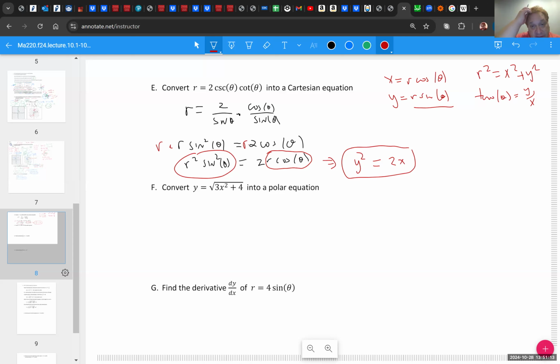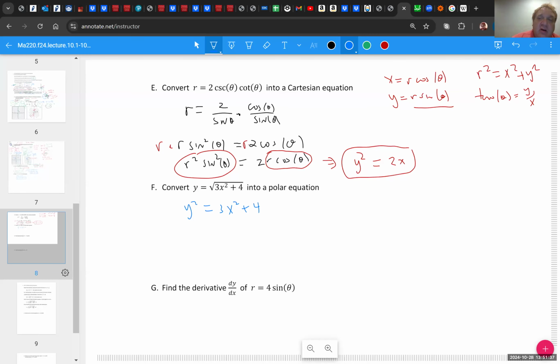Okay, lastly, I'm going to convert this guy in f. Again, I don't like square roots, so I'm going to square both sides. I have to get polar equations. I have x squareds and y squareds, but they're on different sides of the equation.